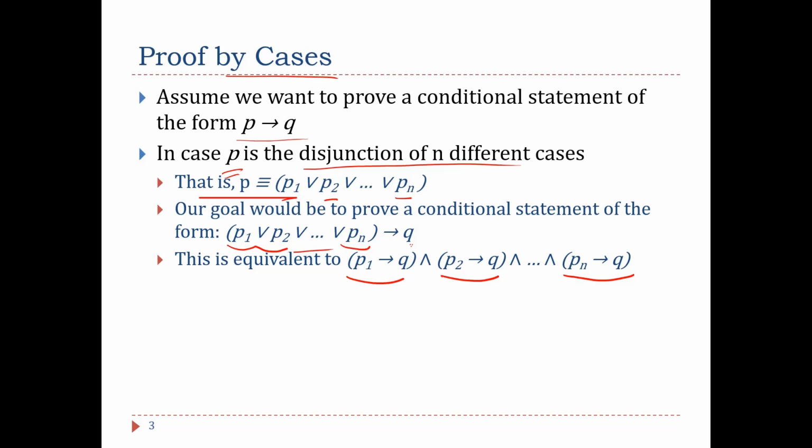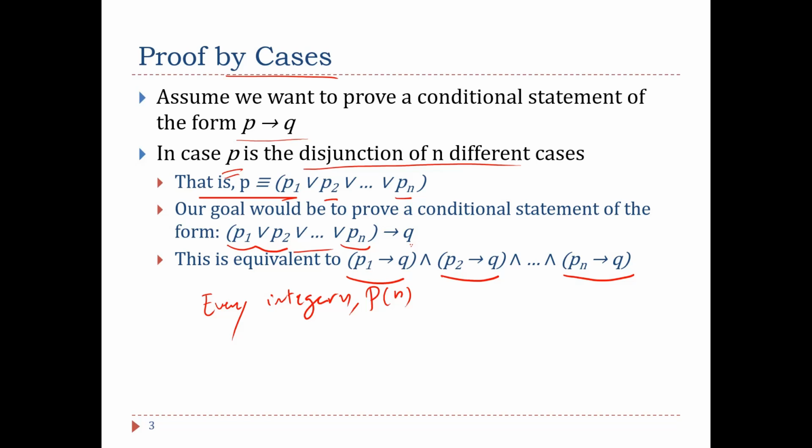Okay, so for example, if you want to show that every integer has a certain property P of n, well, sometimes the property may differ for positive and negative integers and maybe null.